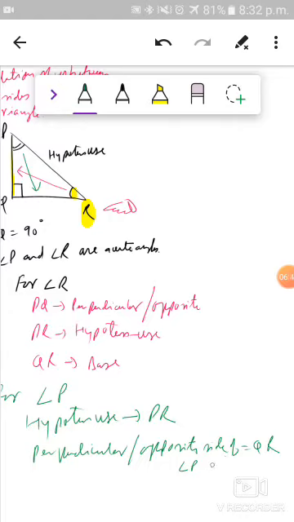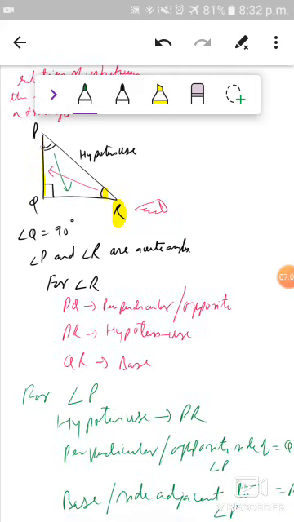And which side is remaining now? PQ side. So PQ side will be base. Base you can say, or you can say side adjacent to angle P. So you see, this is angle P, and the side adjacent to angle P is this one, PQ.